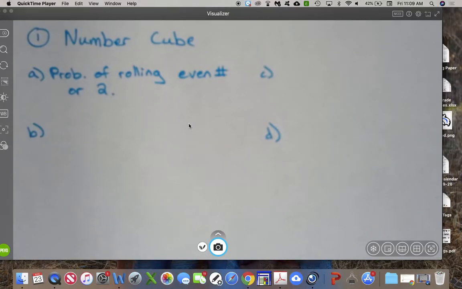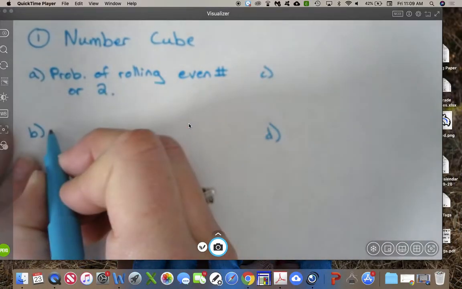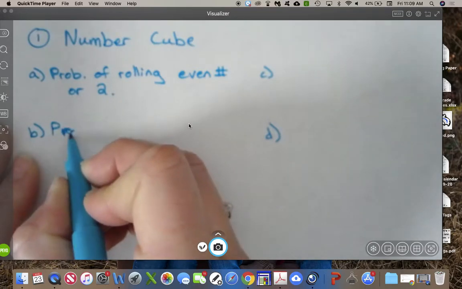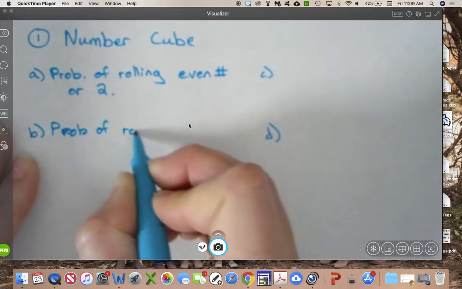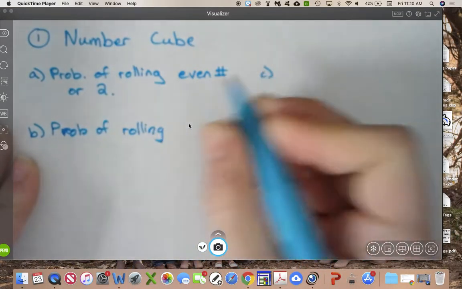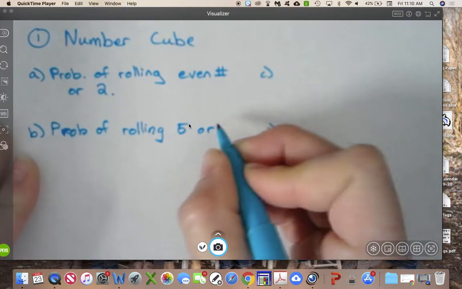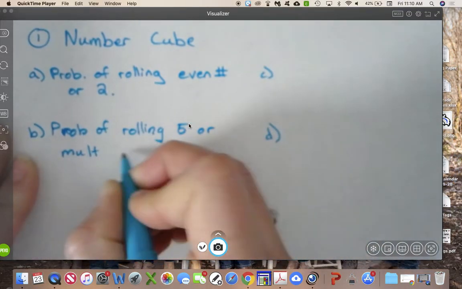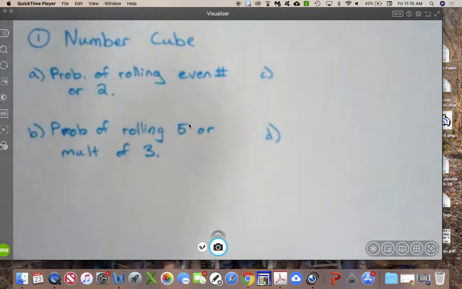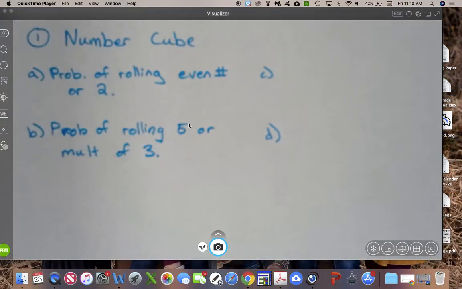In part B, I want to know the probability of rolling a 5 or a multiple of 3. Rolling a 5 or rolling a multiple of 3.